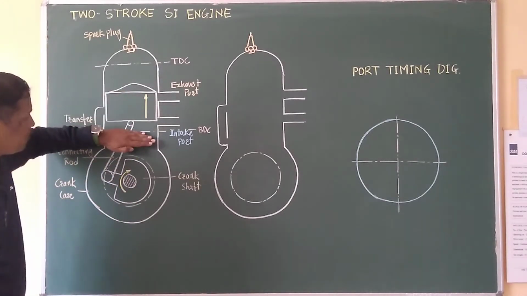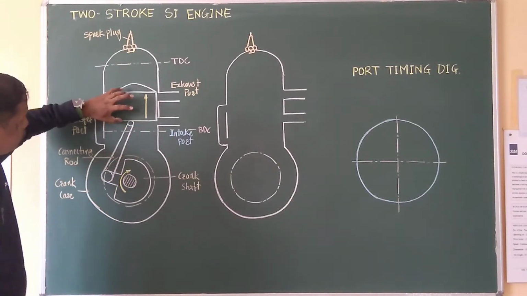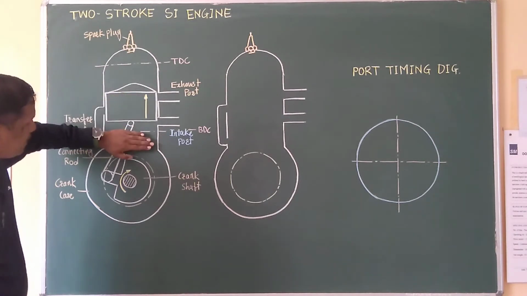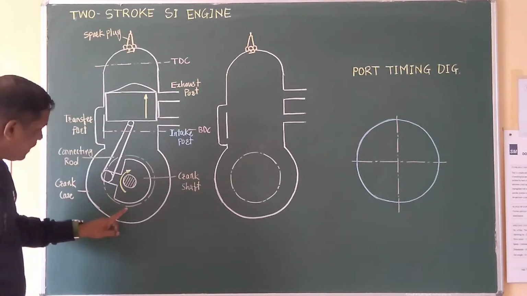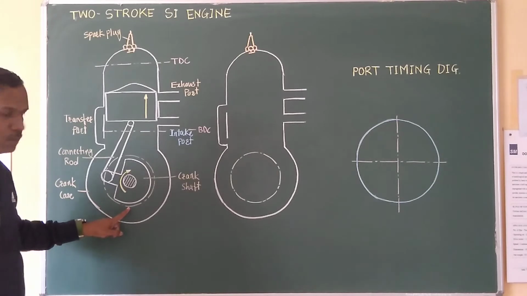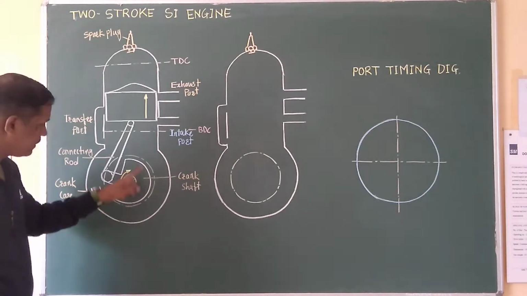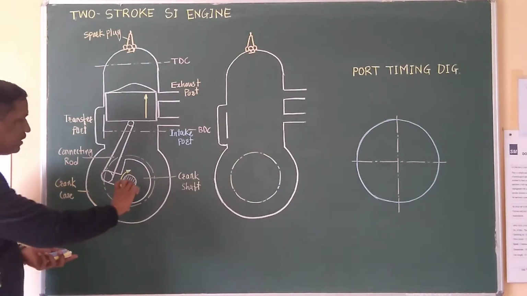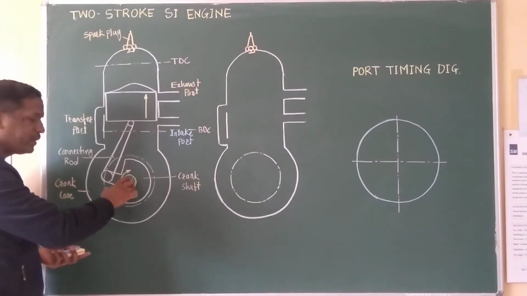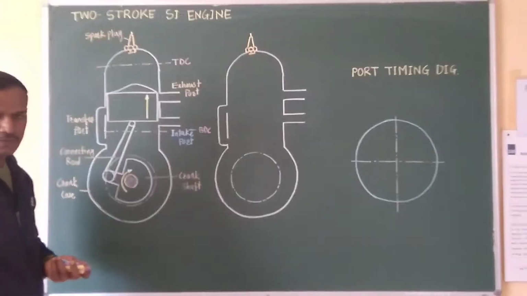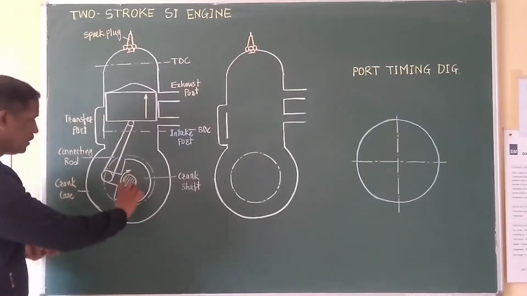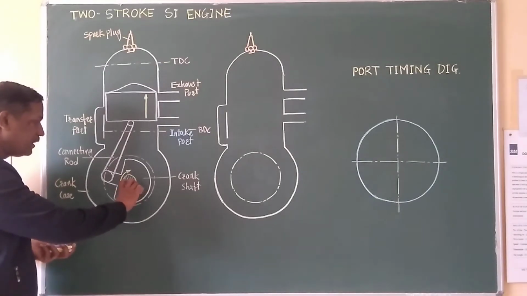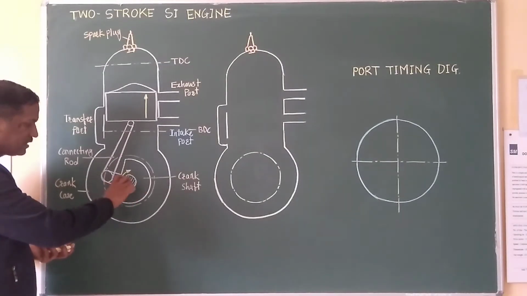And the engine will move only in a clockwise direction, this way. Now imagine this position at the extreme bottom. So our piston is at the extreme bottom position, and this crank will be here, at the extreme bottom on this crank circle.